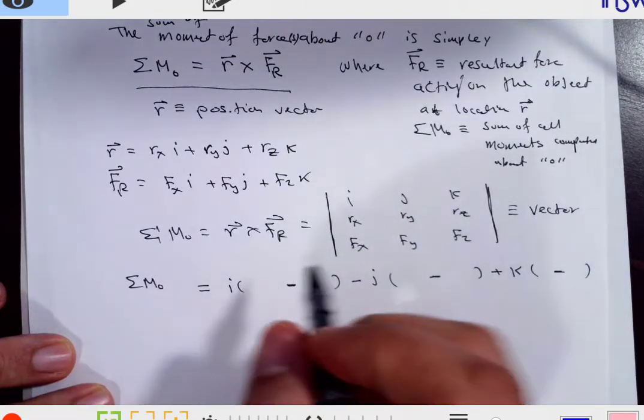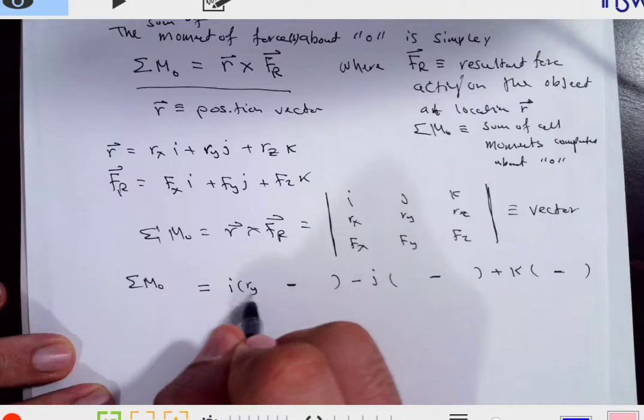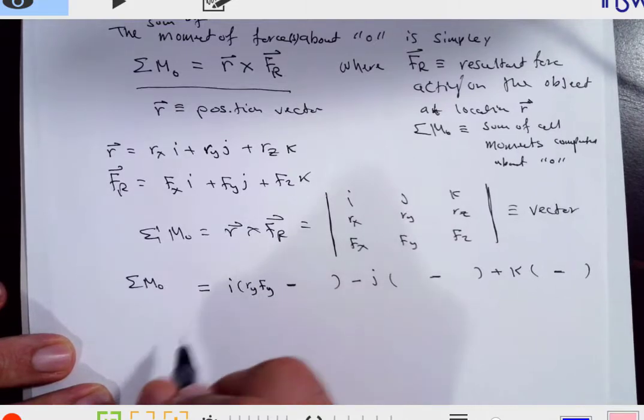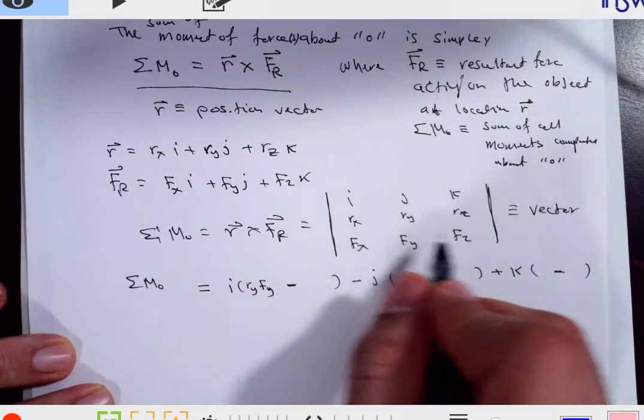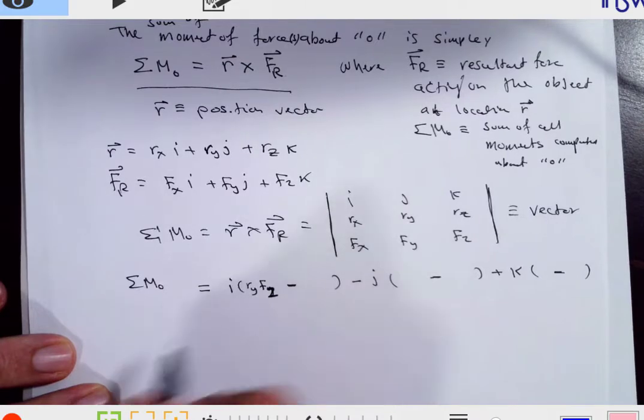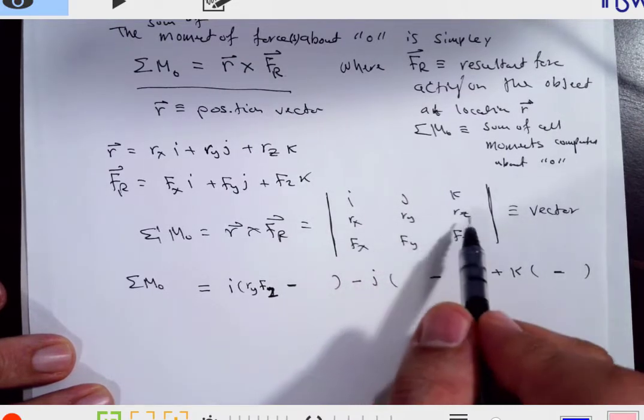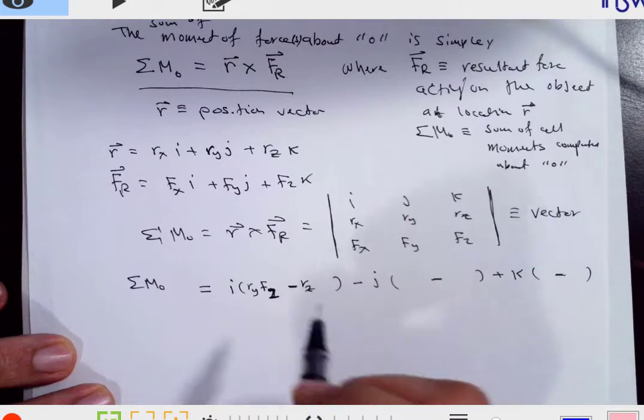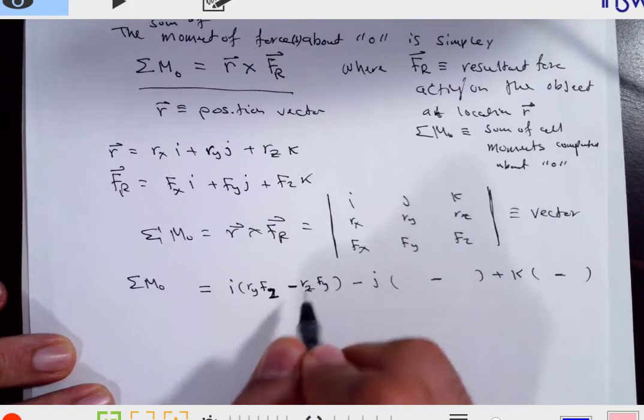So just to label that, for the i it's Ry Fz minus Rz Fy.